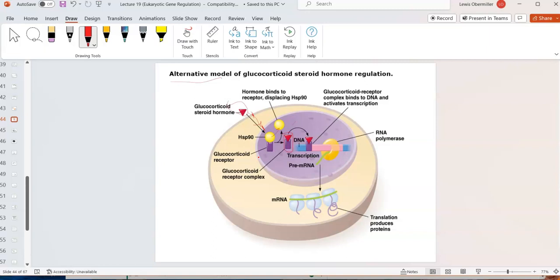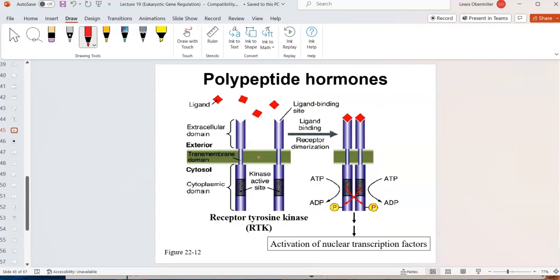So this is the ligand binding domain in the receptor. Remember, that's a protein. This is the DNA binding domain of this protein. And this would be the transcriptional activating domain of this ligand. Basically, it's just the same thing that we talked about, except it may already be in the nucleus.